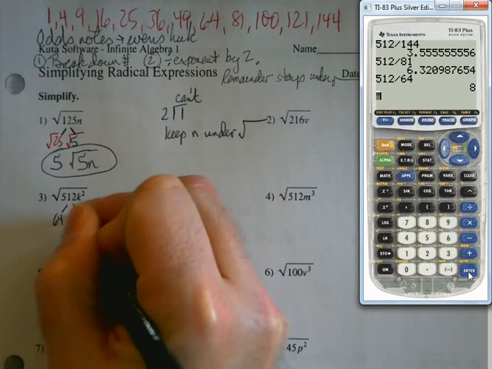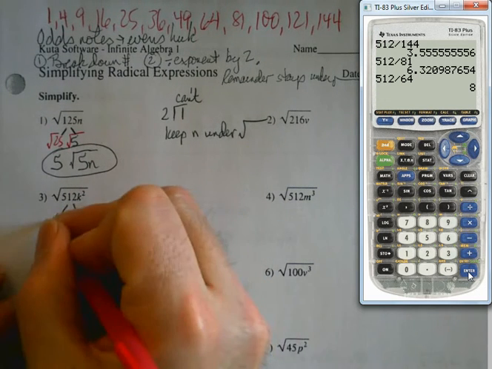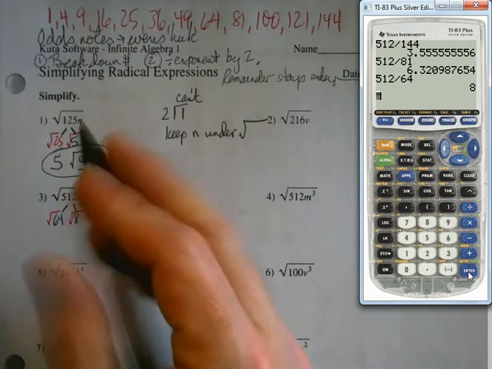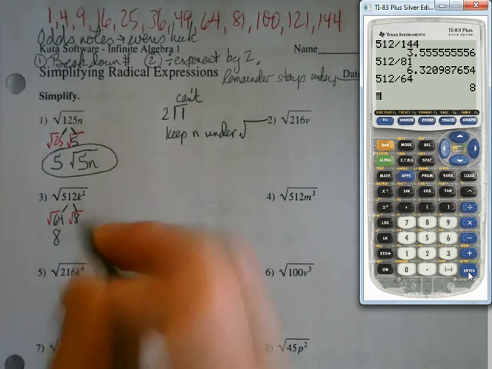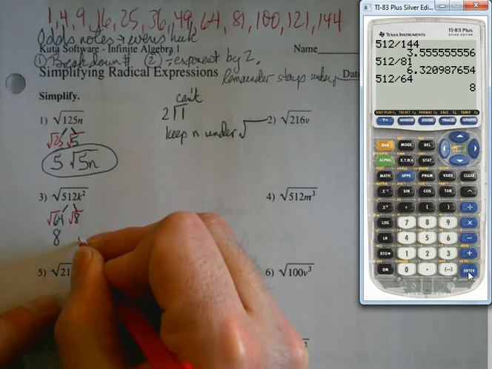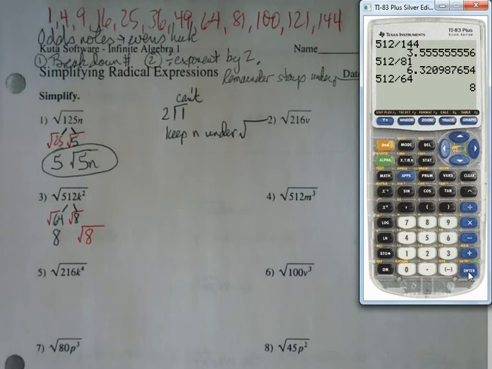So I do 64 and 8. So I go, okay. So I do my square root. And I say, okay, the square root of 64 is 8. That goes here. My square root of 8 goes over here. But now what do I do with that k squared?